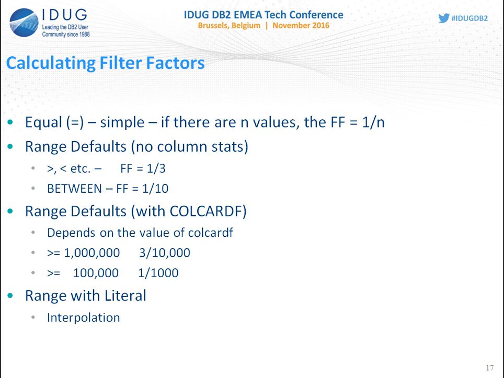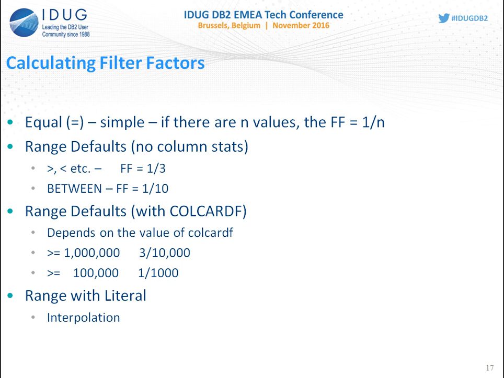If you wanted to calculate filter factors, such as the real ones, an equal predicate is easy. If there are n values and you're using a host variable, the filter factor is 1 over n. If you have a range predicate, then it gets more complicated and harder to be exact.